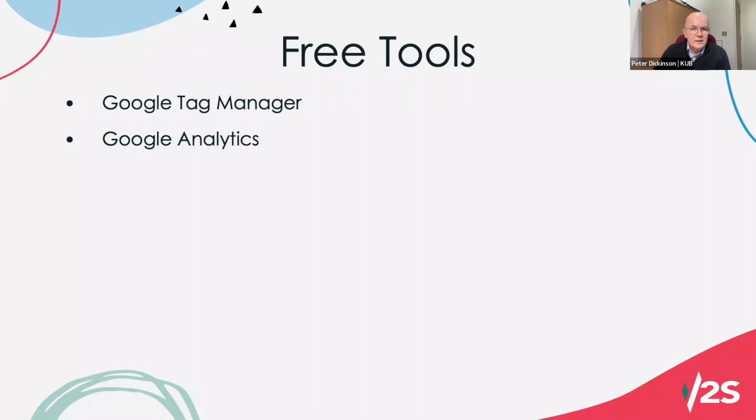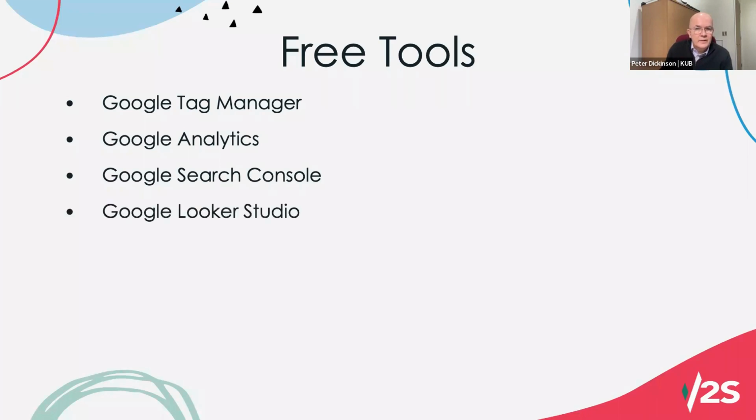Google Analytics is where all the data of what's happening on your site is, and we're going to go into that in a little bit more detail. Then Search Console. These are all free tools from Google. They're all pretty good. They do change quite a bit. Looker Studio: Google Analytics GA4, the new one, is a little bit harder to interpret.